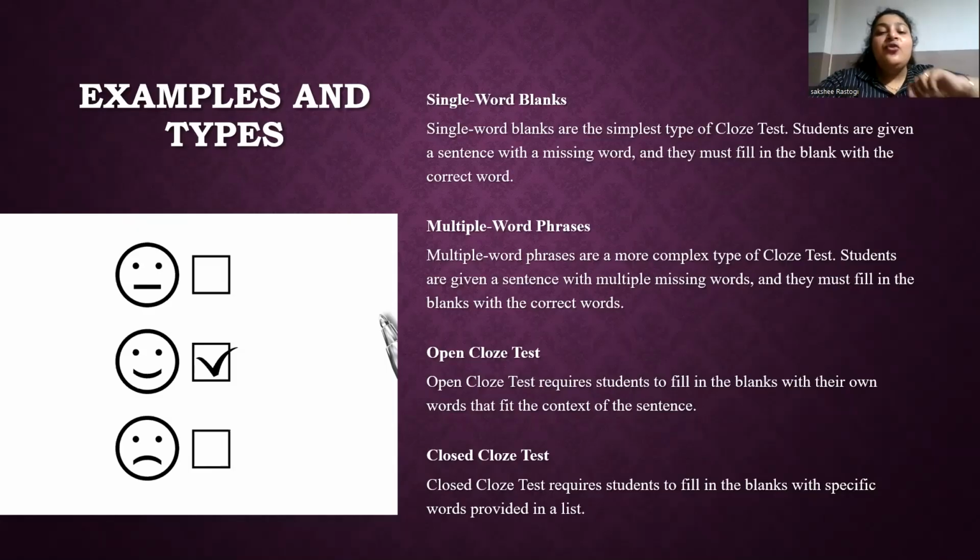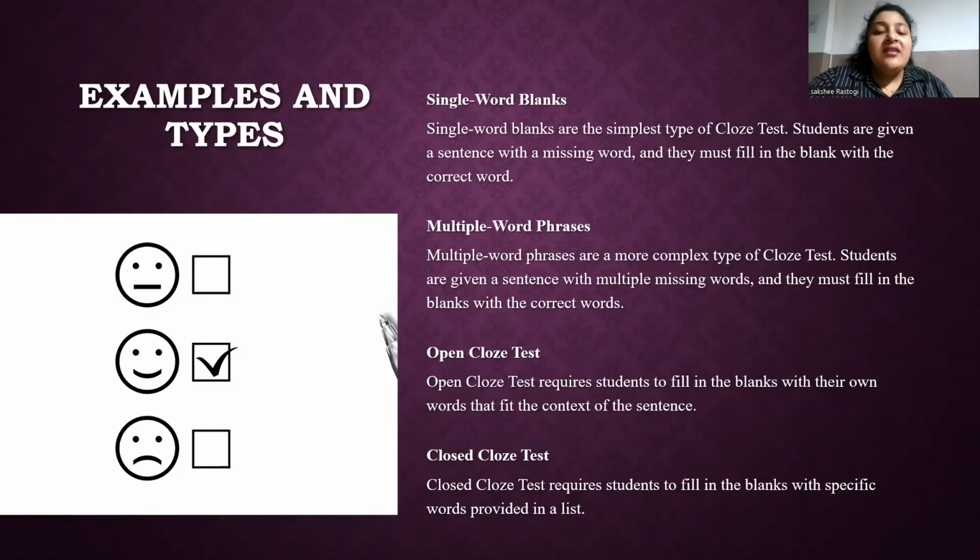The test takers must fill in the blanks with a single word that makes sense in the context of the passage or sentence. Single word blanks are designed to assess vocabulary. Can the test takers recall the correct word to fill in the blank?